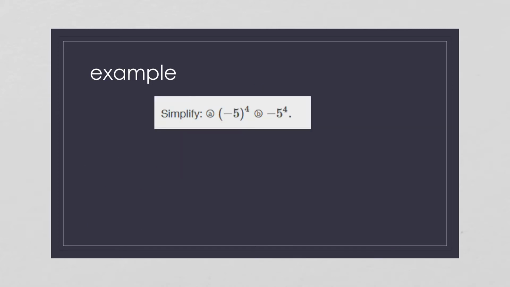All right, this situation right here is something that people miss a lot, including myself sometimes. I'm definitely past it now, but man, whenever I was in school, I missed these problems a lot. So for part A, notice there are parentheses around the negative. This means -5 times -5 times -5 times -5, which is positive 625.